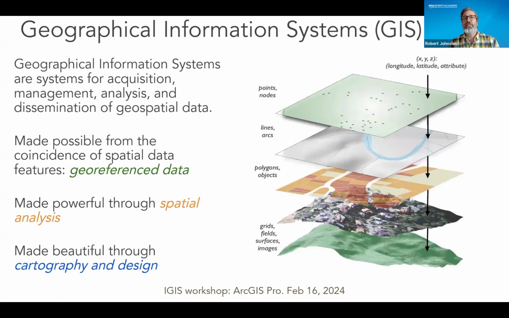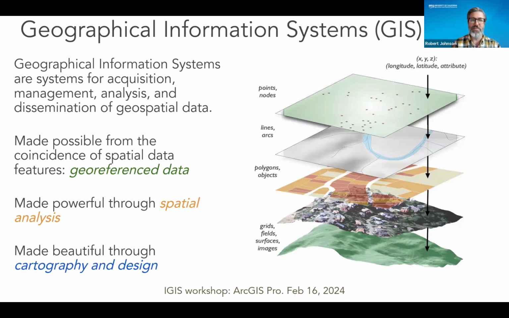Okay, so basics of geographical information systems, or GIS, which is what we all love to do. So these are systems for acquisition, management, analysis, and dissemination of geospatial data, which is any data that is tied to a physical location on the Earth.